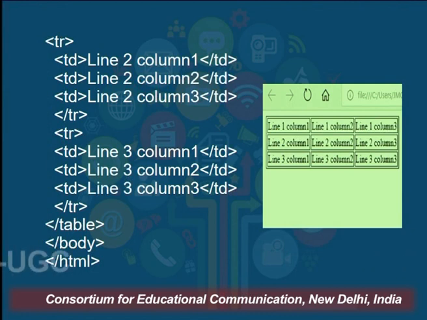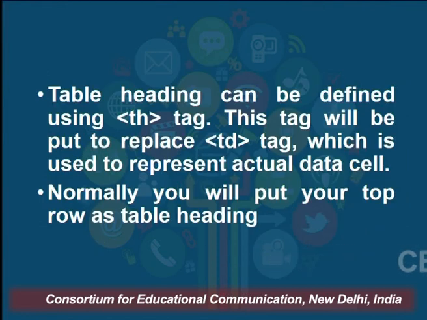So using these 3 tags we can create a simple table, that is the table tag giving the border element, and you specify the rows giving the TR, and you create the cells in the rows using the TD or table data.